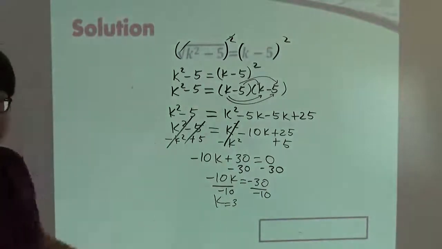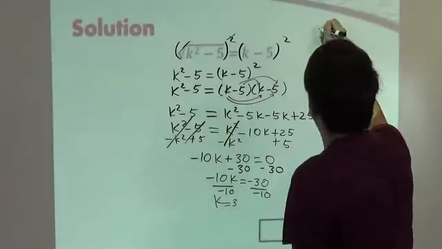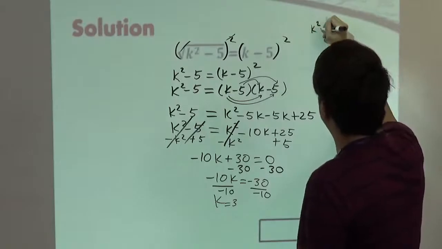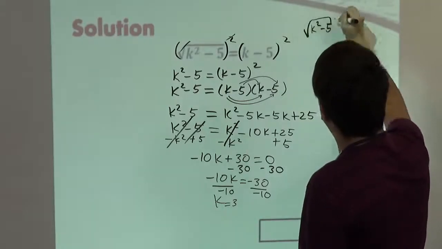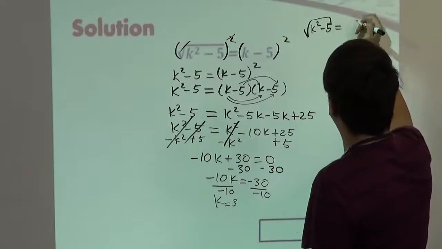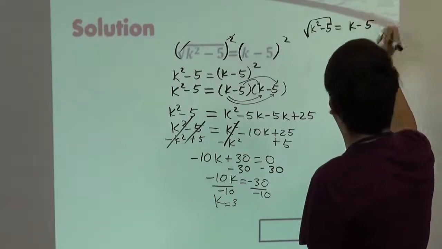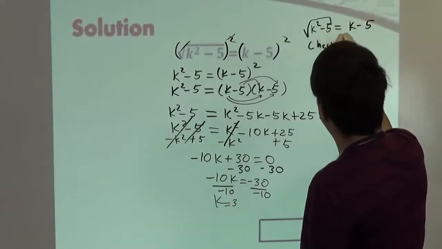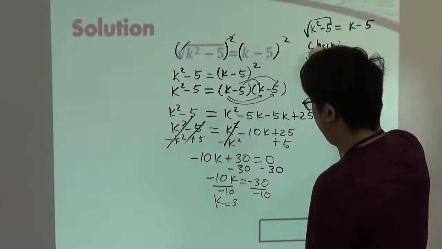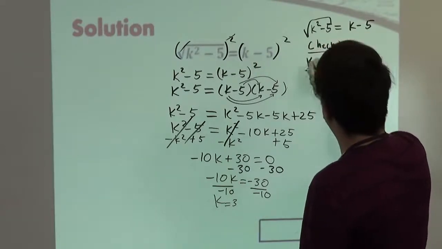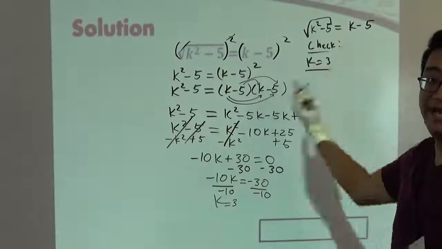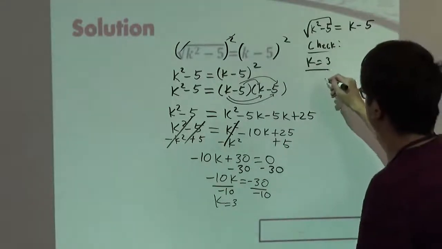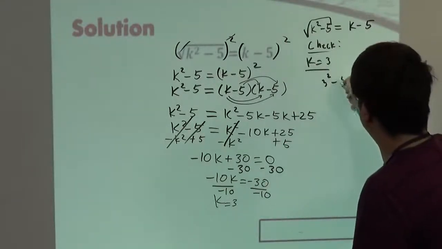But again, because it's a square root, we need to check. So let's rewrite the original. The square root of k squared minus 5 equals k minus 5. And we're checking if, when k is equal to 3, it works. So let's plug in k as 3. So it would be the square root of 3 squared minus 5.